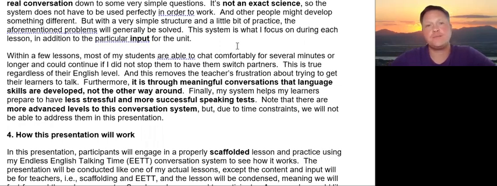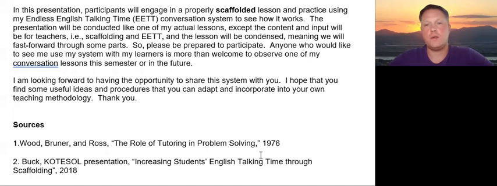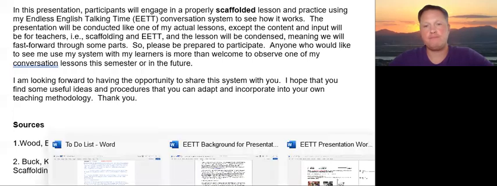And the presentation, which is designed for teachers, obviously, is presented in a lesson delivery format, with the teachers playing the role of language learners, but with the input being information for teachers. Okay. So here's a quick look at the worksheet.